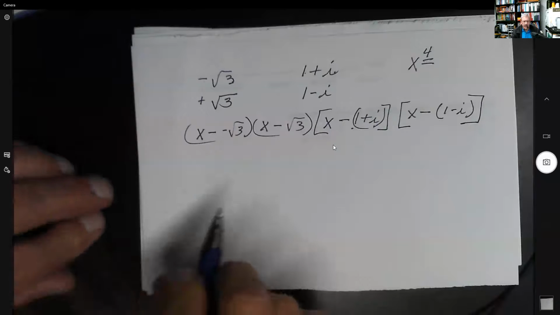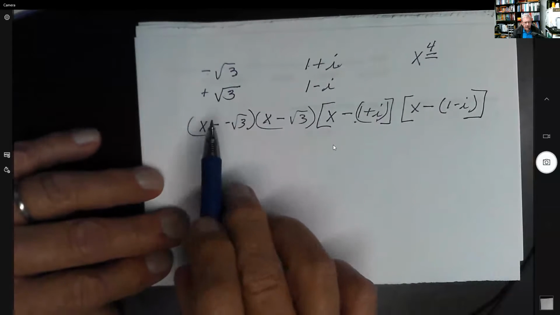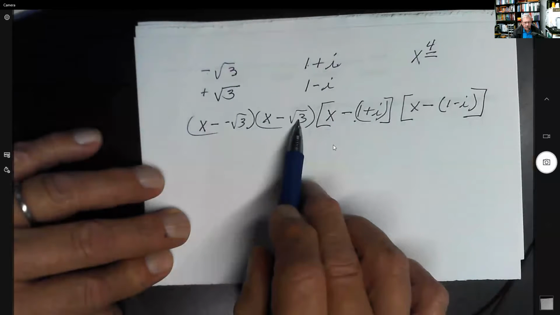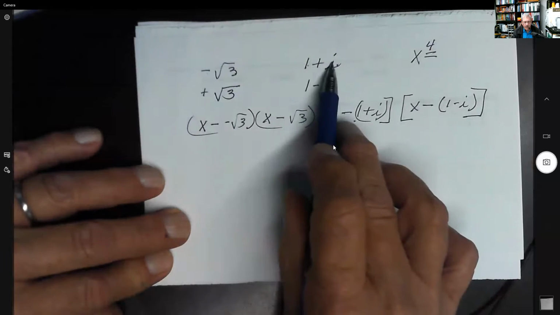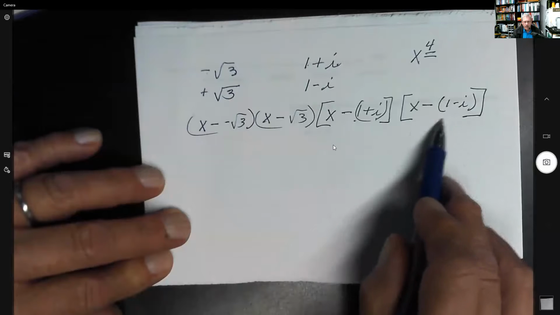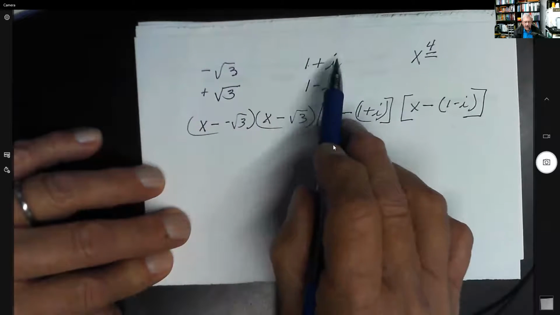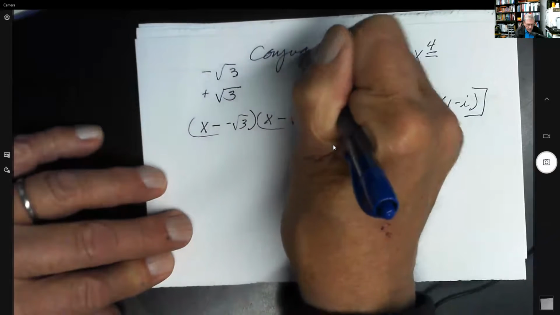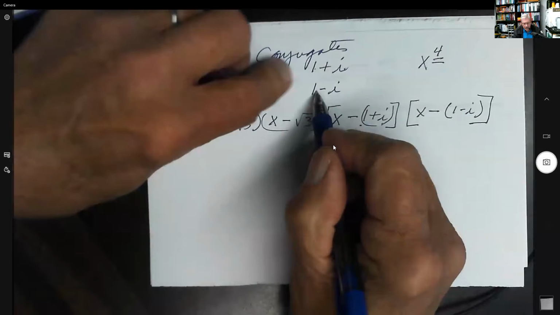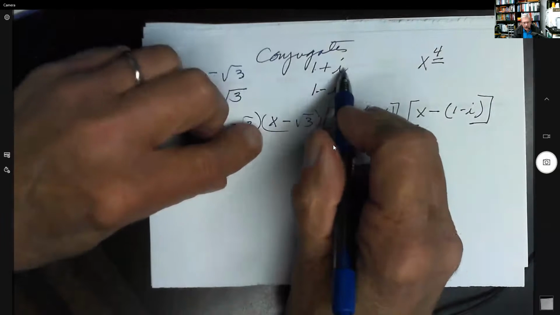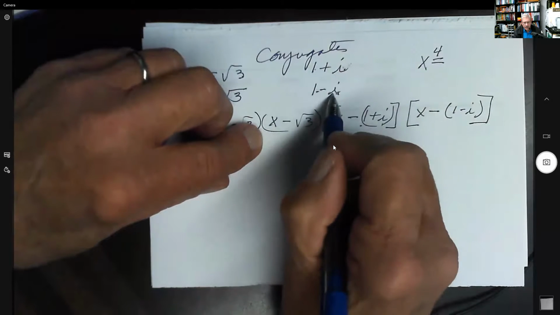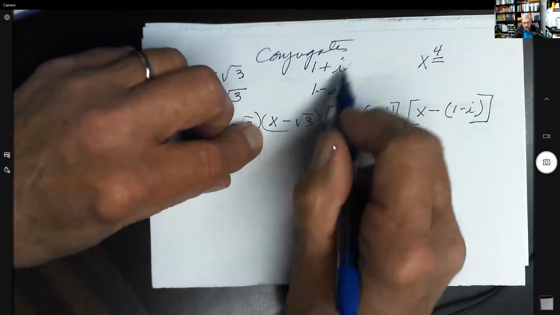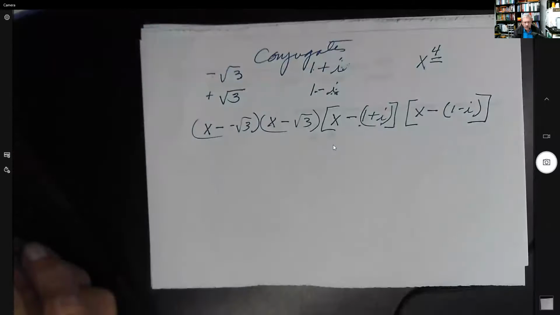So that's tricky in itself, just to get them in factored form. X minus the negative radical 3, x minus the positive radical 3, x minus the 1 plus i, x minus the 1 minus i. Notice the conjugates of each other have the same first term, but then the last terms are opposite.